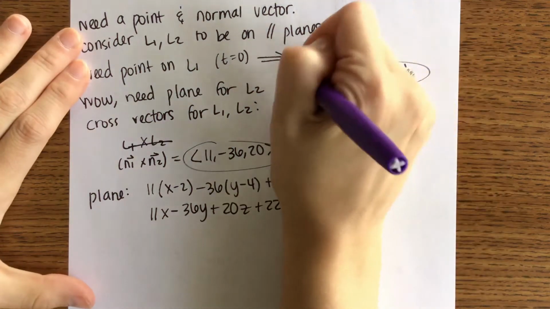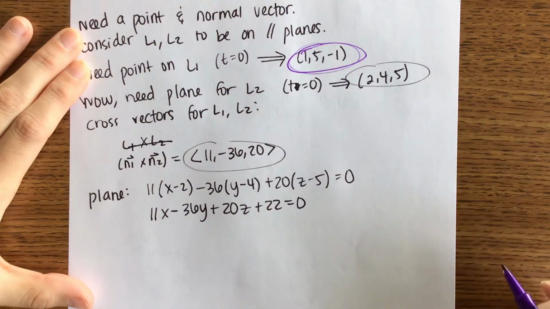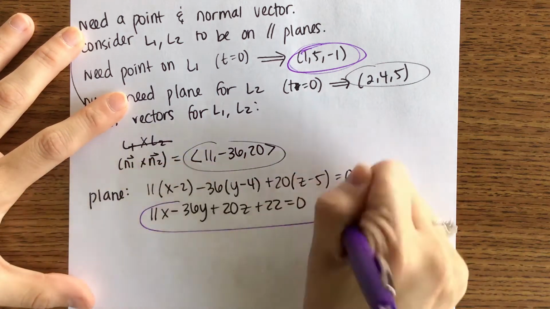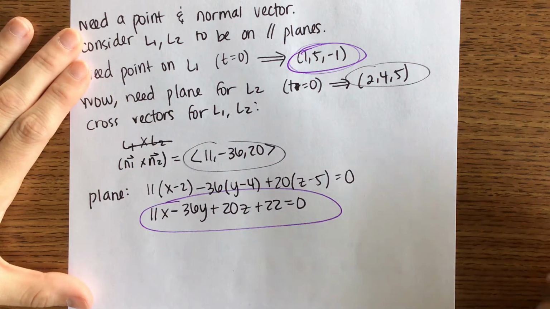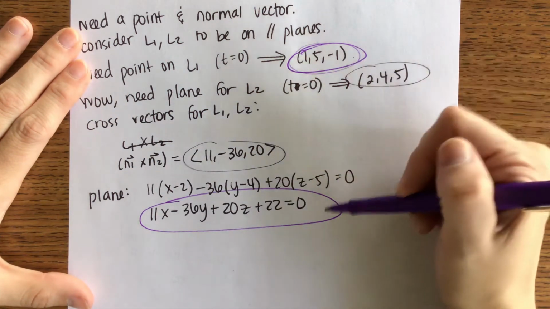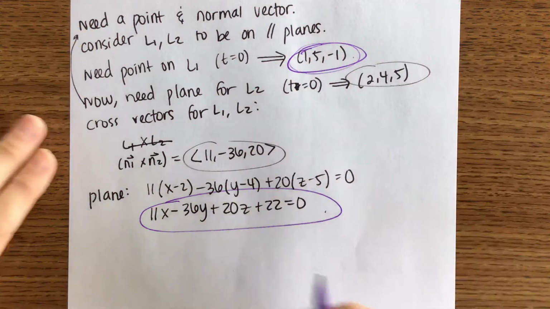So now, this is the point that's on L1. This is the plane that L2 falls on. So now we are finding the distance between this point and this plane, using that same formula.